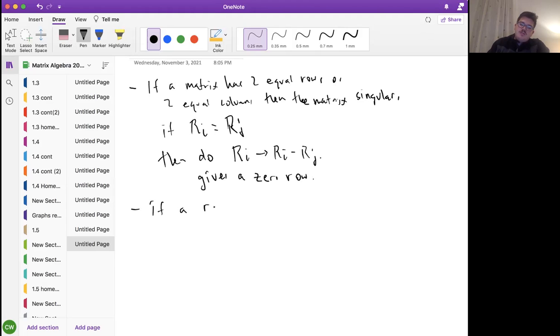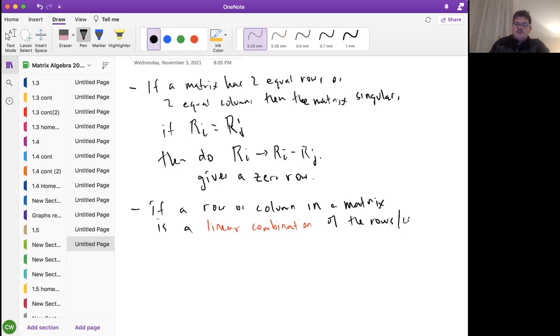If a row or a column in a matrix is, let's see if you remember this term, a linear combination of the other rows or columns, then the matrix is singular.